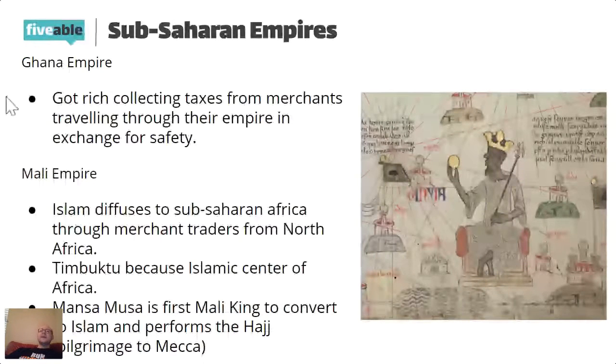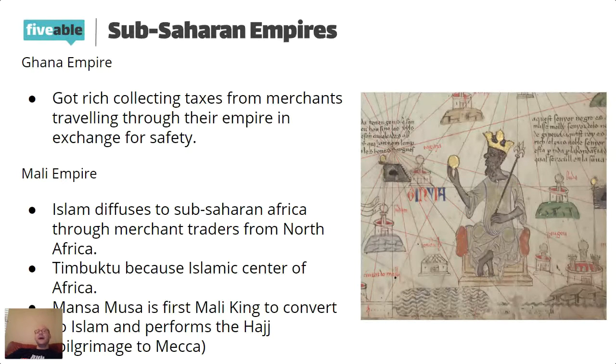Okay, so let's talk about some of the empires that originate due to the salt and gold trade. The first empire is going to be the Ghana Empire, and the Ghana Empire is going to get filthy, filthy rich off of collecting taxes from the Berbers, the merchants from North Africa, as they are coming down to try to get to West Africa in the sub-Saharan region.